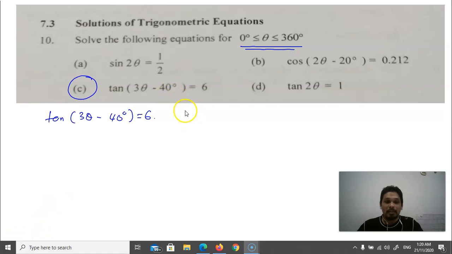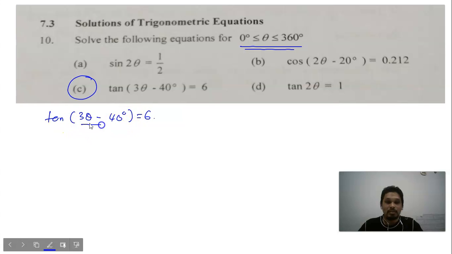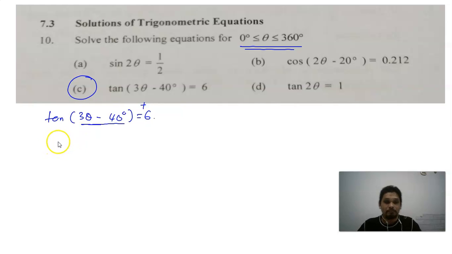Now let's find the basic angle of tangent for 3 theta minus 40 degrees equals 6, which is positive.